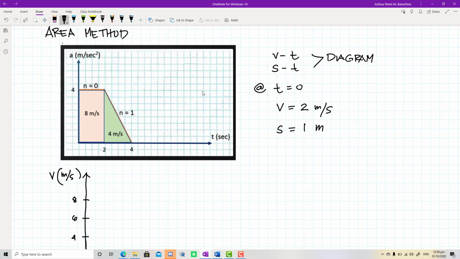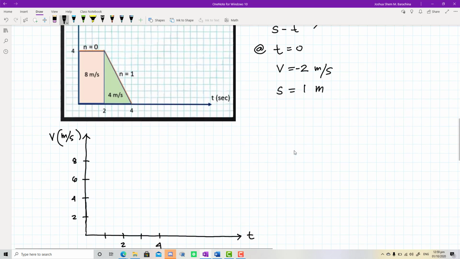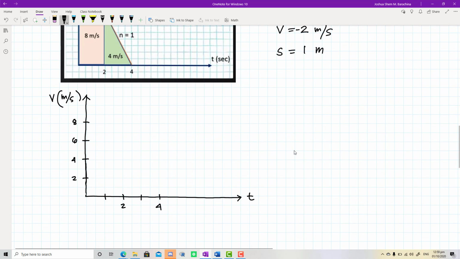So, we have a condition here. At time is equal to 0, we have your velocity equal to negative 2 meters per second. So, our starting point would be negative 2.